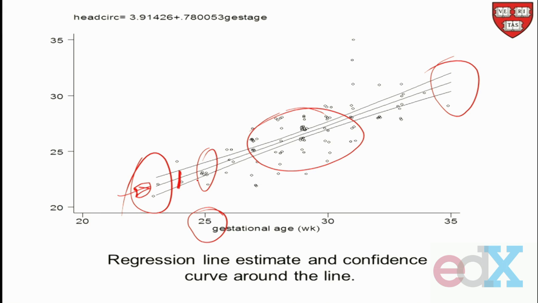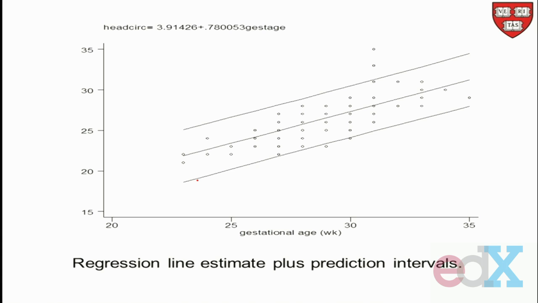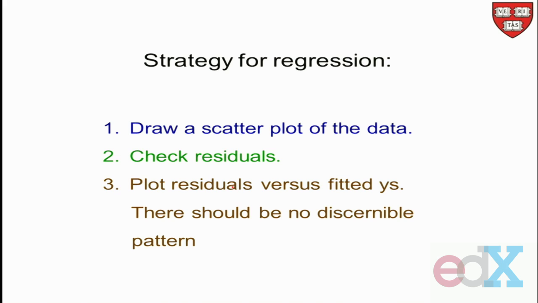That's what this is referring to. Whereas if you ask me where 95% of the babies' head circumferences are for babies who are 25 weeks, then I have to give you a broader interval, and that's what this one is. So this is the regression line plus prediction intervals. For any given gestational age, this is where we expect to see 95% of the kids.